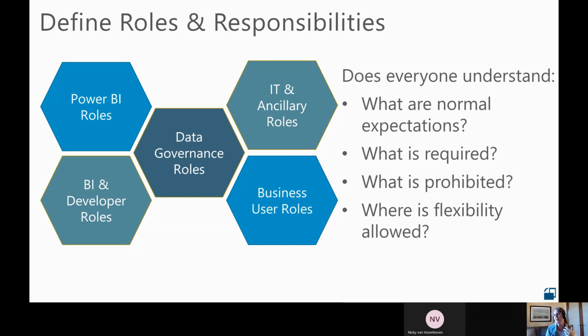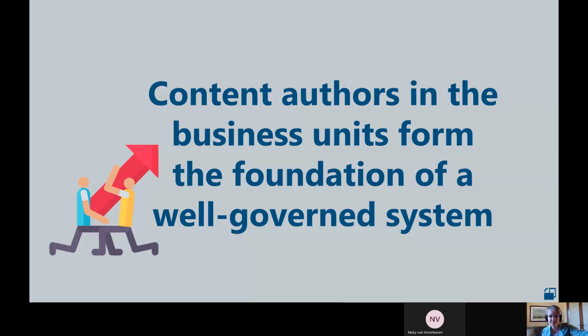So there needs to be some flexibility built into the roles and responsibilities, so that if Sally falls under this particular role but wants to go above and beyond, how do we accommodate that? I firmly believe that the people on our front lines, those actual content authors doing the work, are the foundation of our entire governance program. Let me explain what I mean by this.